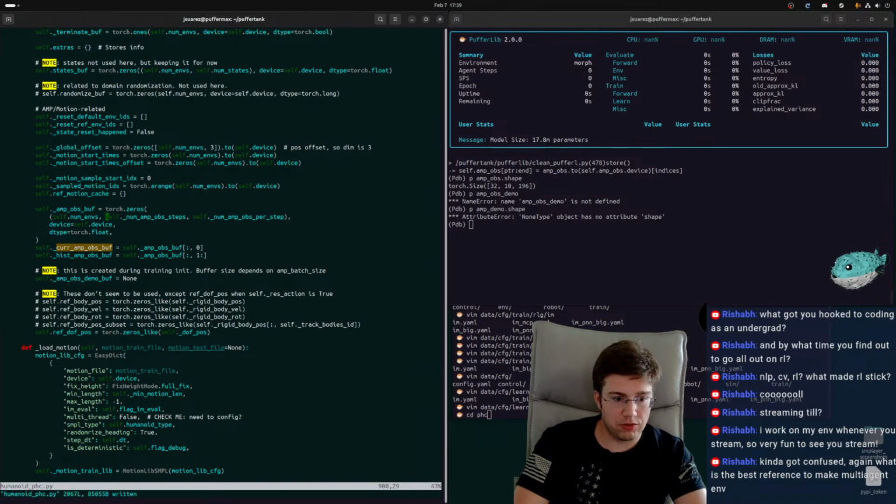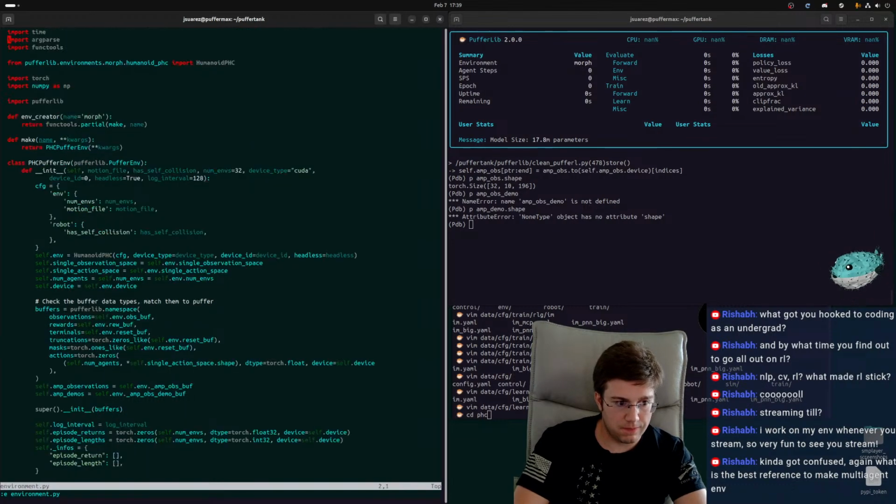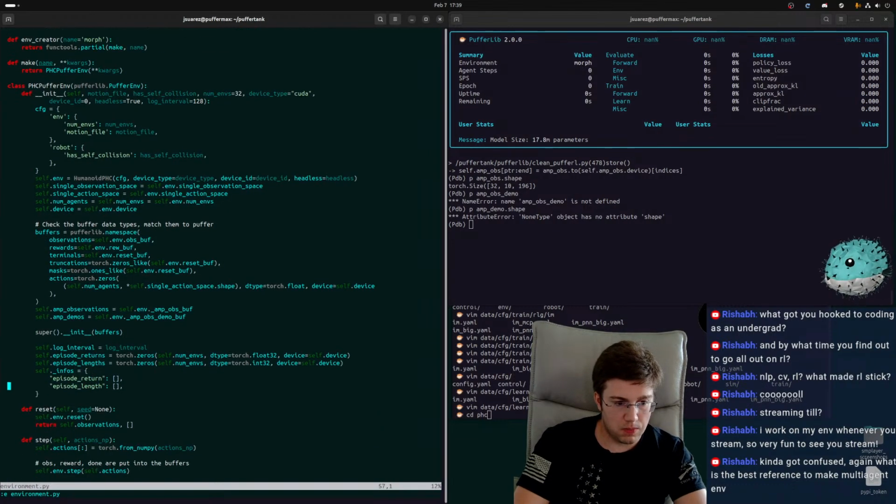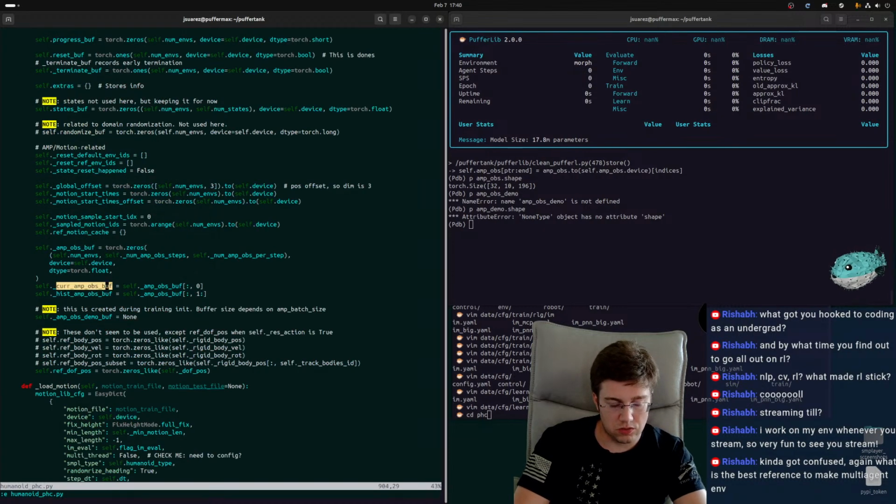I can just let them do their stupid thing, right? For now, I can just set this to cur AMP obs buff, because that's a view.